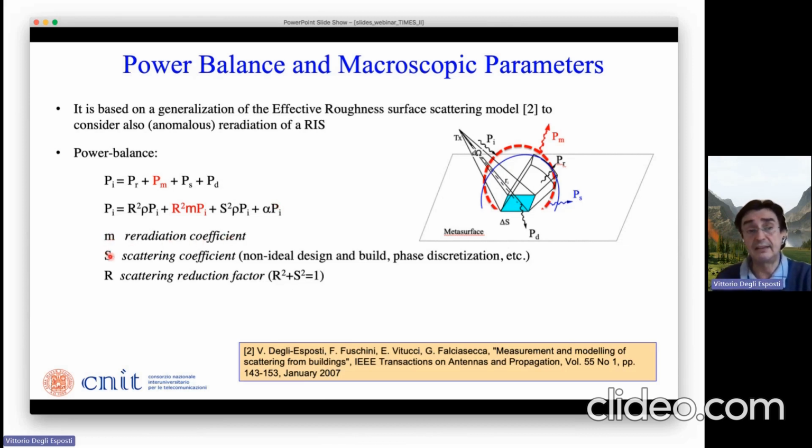And we also have a scattering coefficient because we have to take into account that due to inaccuracies in the realization or phase errors, quite a lot of diffuse scattering can be generated by the metal surface at the expense of the desired re-radiation mode. And therefore, we need to reduce the amplitude of the radiation mode.